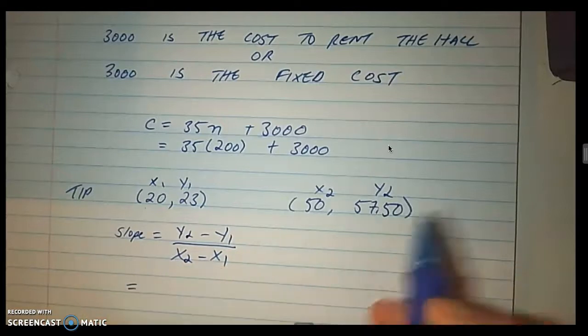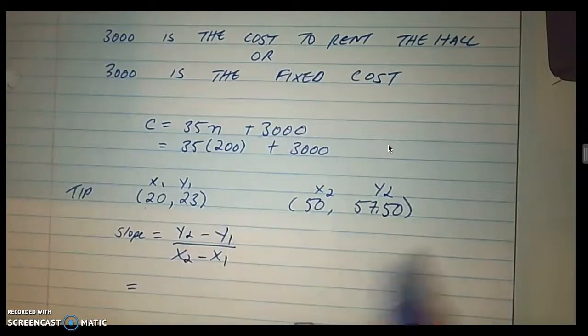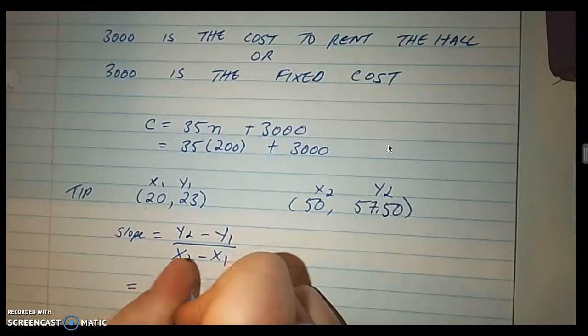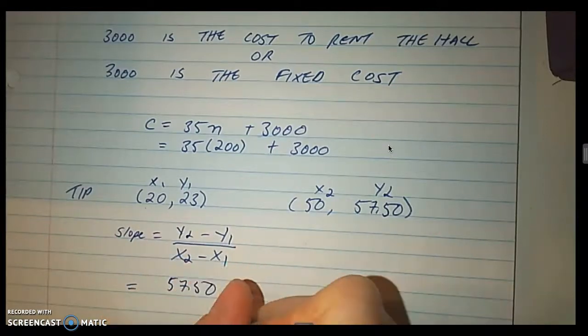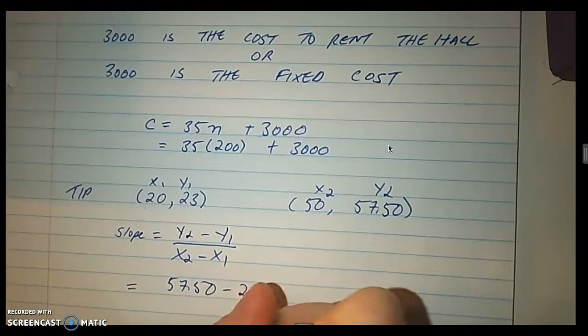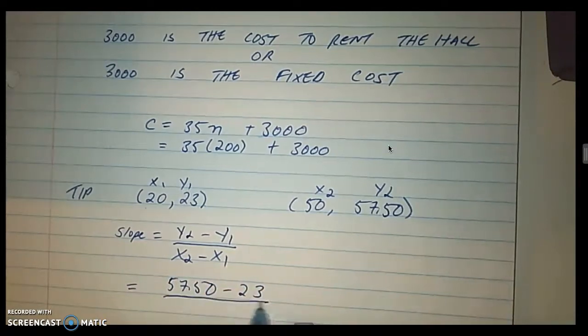Then you pull your values from the two points in the question. So you're going to do 57.50 minus 23 over 50 minus 20, and you're going to come up with some answer as a slope.